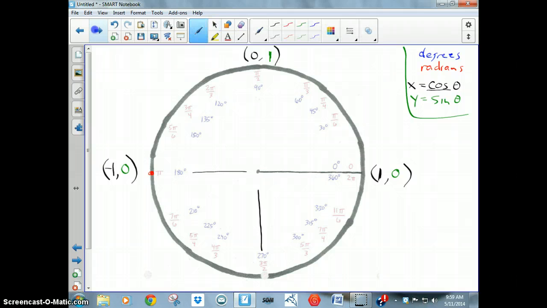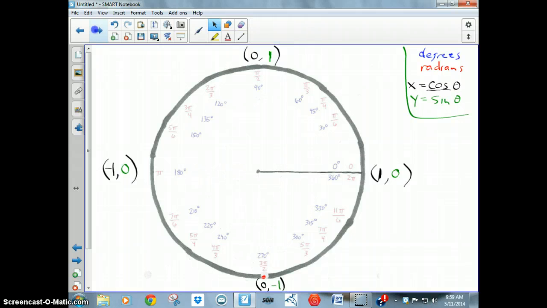And finally, the very bottom, let's say point P was down here at 270. The value of that is 0 for the cosine and negative 1 for the sine. All right, so therefore we have now done our multiples of 90 degrees. That's what I want you to fill in.